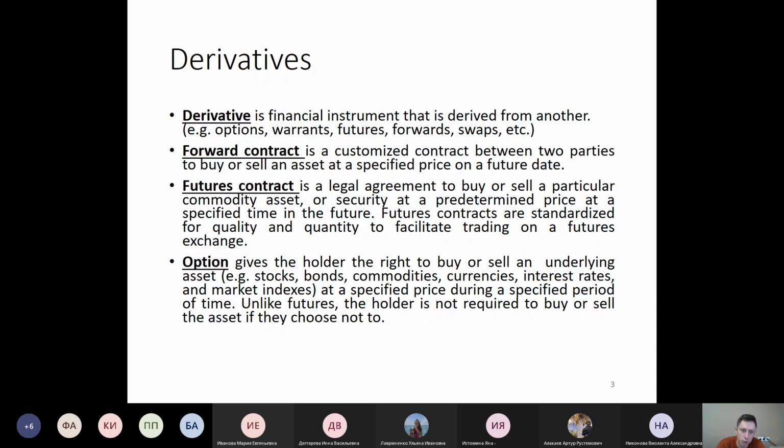In this case, we, for example, can sign a forward contract. It is a type of instrument. We agree with the other side of the treaty that at some time we will either purchase or sell some asset at a predetermined price. So the date is predetermined and the price is predetermined.